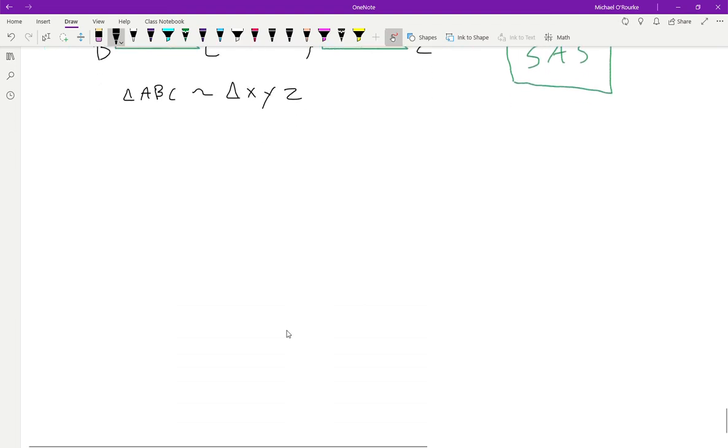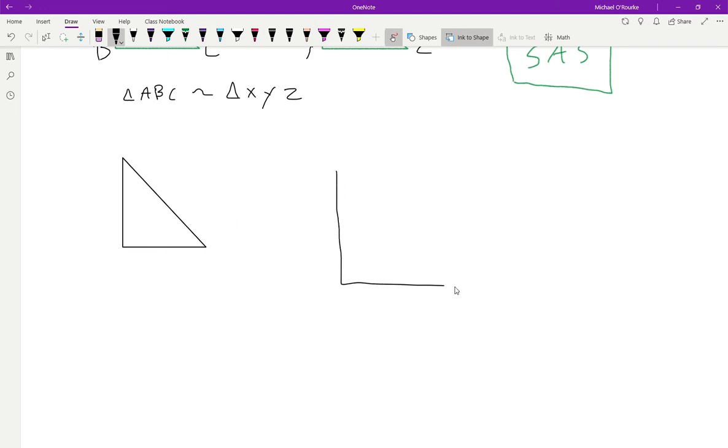Okay? So I'm going to draw two triangles here. Oh, my draw to shape was not on. Alright.